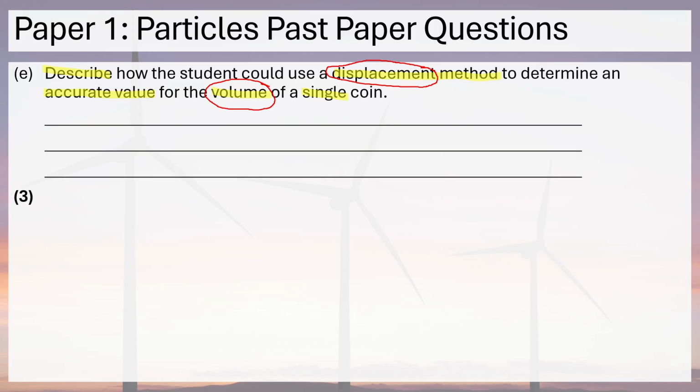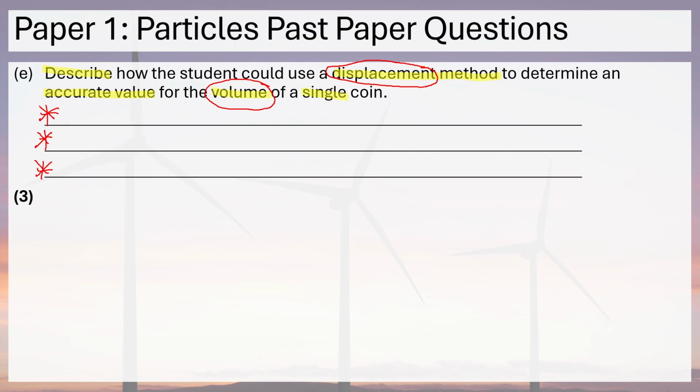And then it says we want an accurate value for a single coin. We're told in the previous part of the question that the coins are very small. So what it's really saying is if I just put one coin in, I might not be able to measure the change in volume very accurately. And remember, we want an accurate value. So in order to get my 3 marks, again, I'm going to put 3 bullet points to remind myself to write 3 separate parts to the answer.